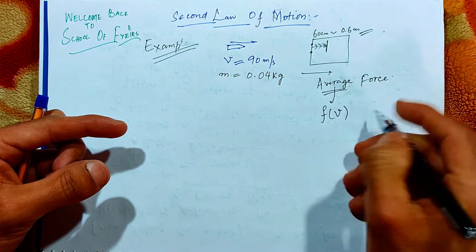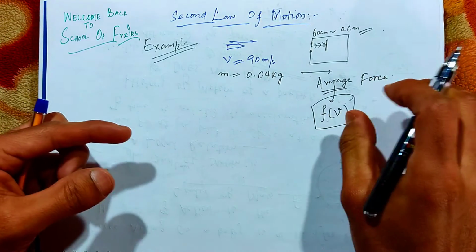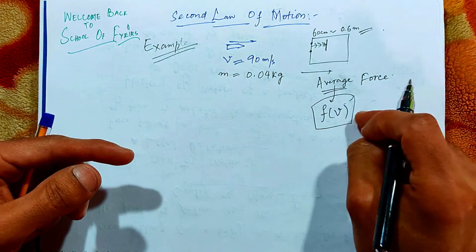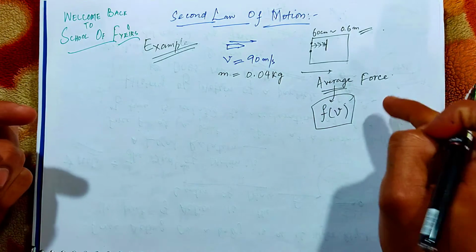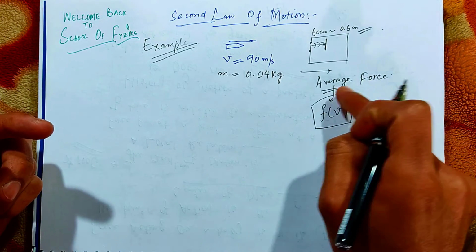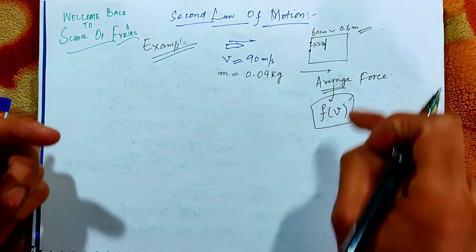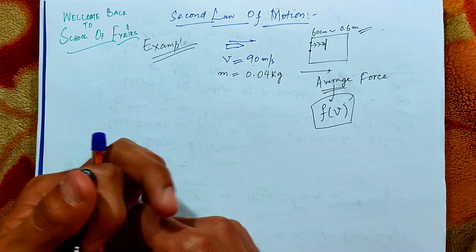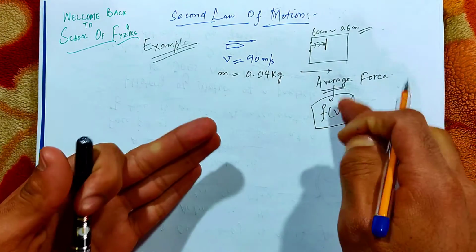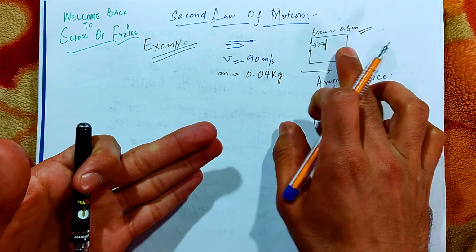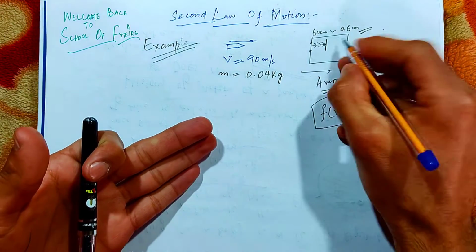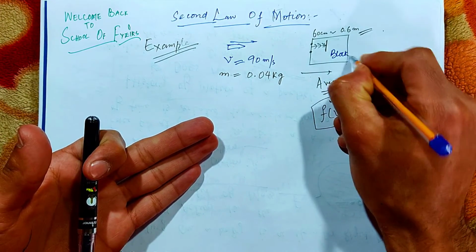I am considering the average so that this term will not matter here. So we have to calculate the force exerted by the bullet onto this block of wood.